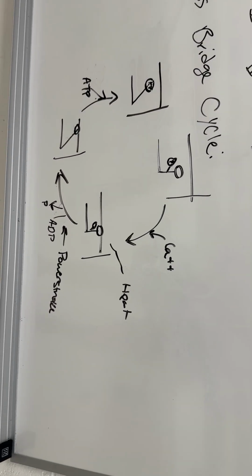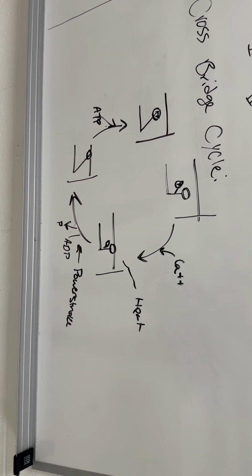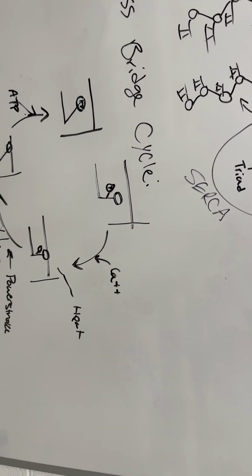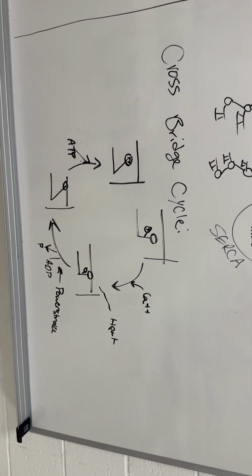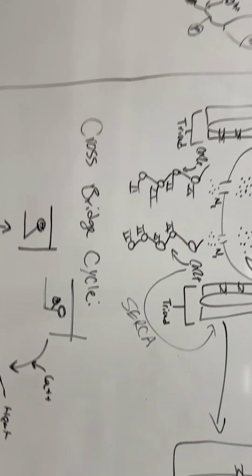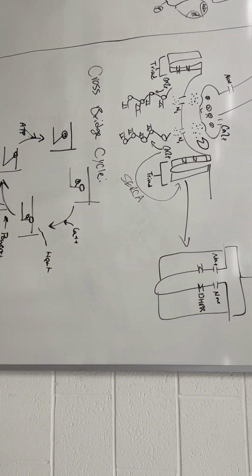And as long as we have calcium, then the cycle can continue. But once that pump pumps the calcium back up into the sarcoplasmic reticulum, then we're not going to be contracting like this anymore. All right, so that does it for part one there.